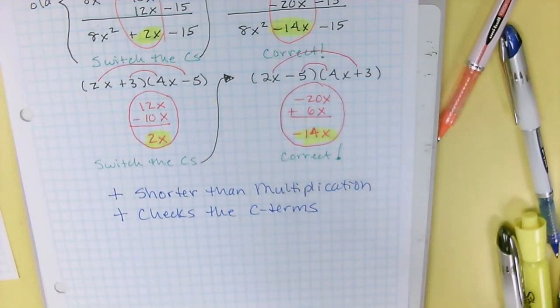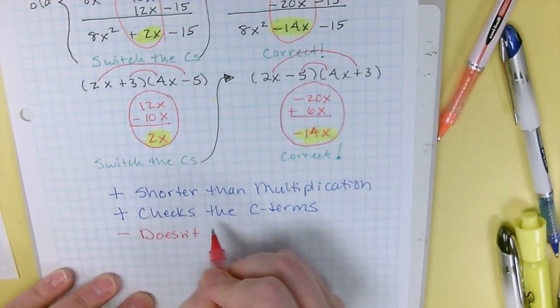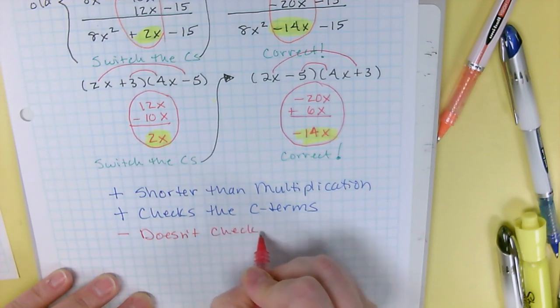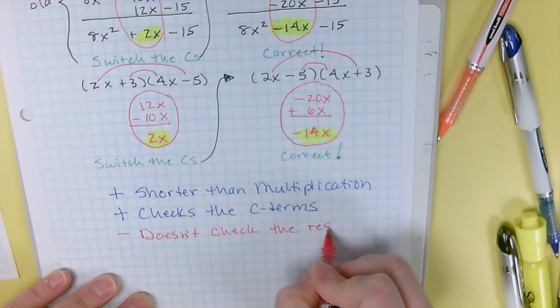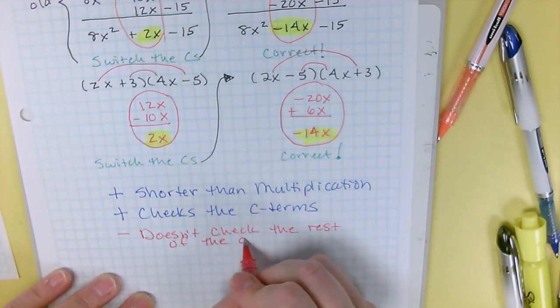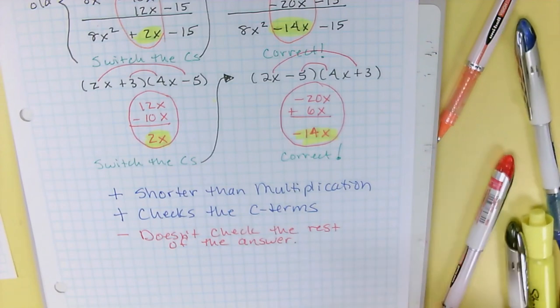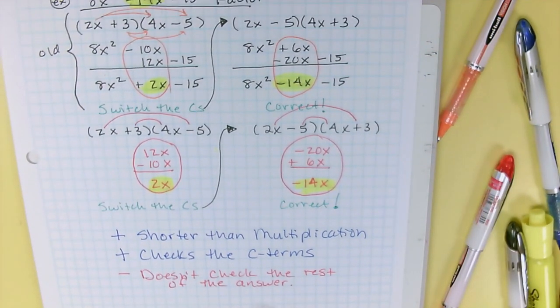The biggest minus for rainbow check is it doesn't check the rest of the answer. So your C's could be in the perfect spot, but if the other numbers aren't correct, rainbow check won't show that to you.